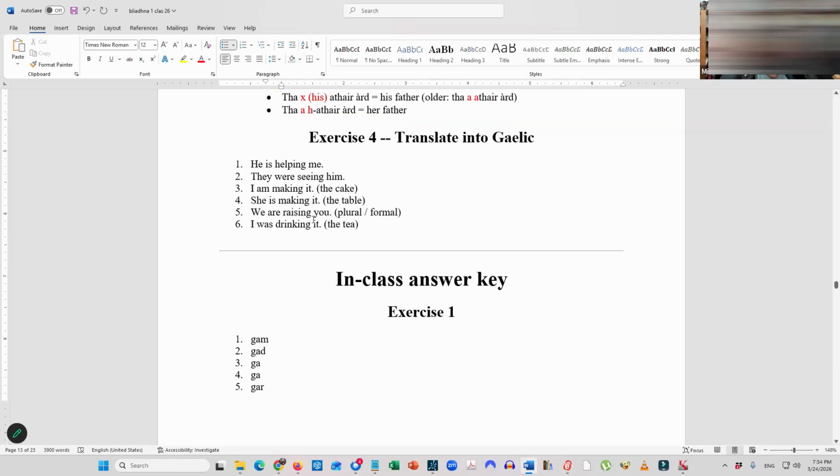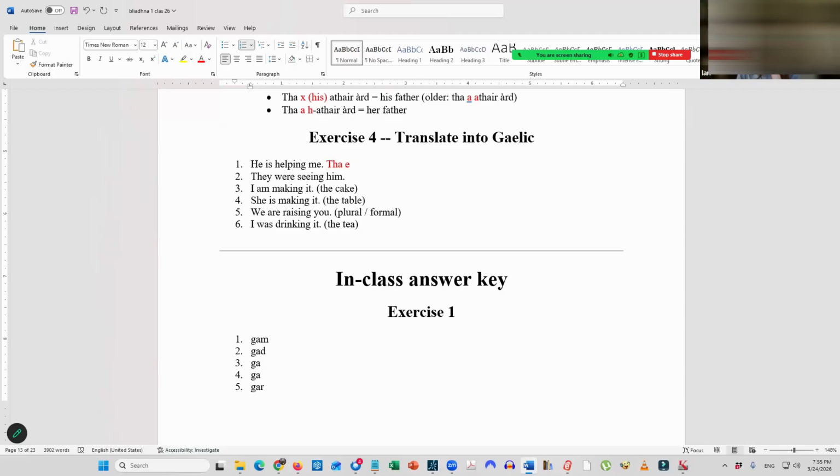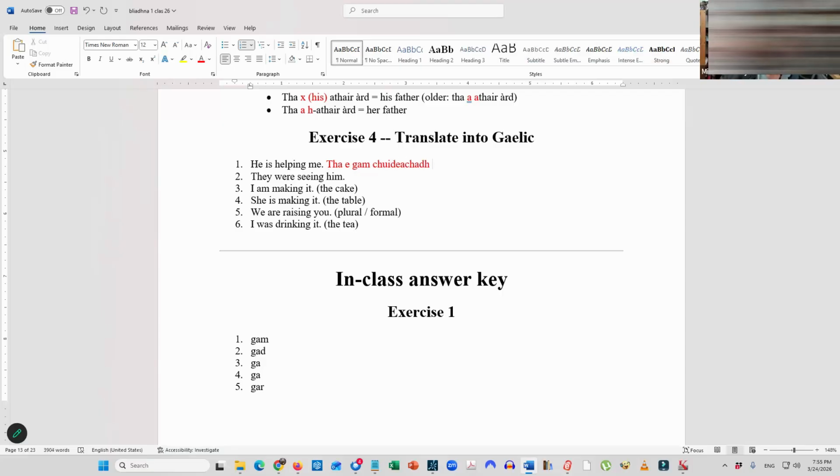So can we do the translate into Gaelic? He is helping me. Ha e ga... I don't know the word for helping. Very good. Okay.